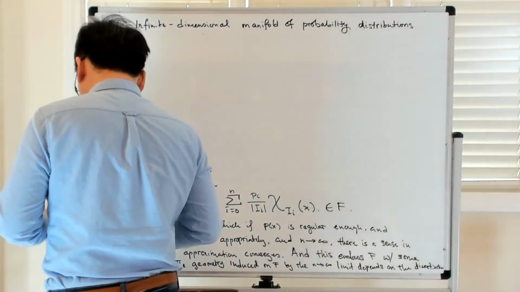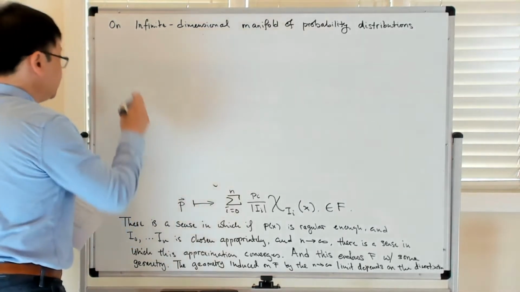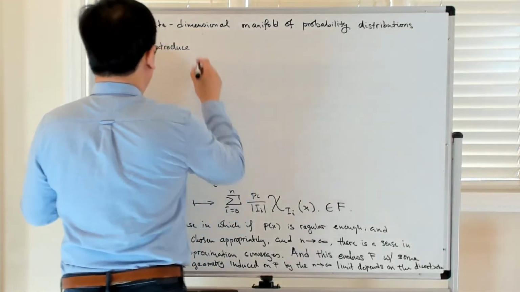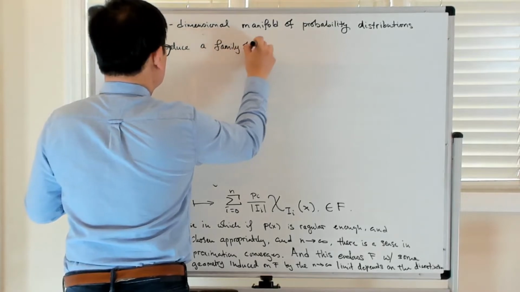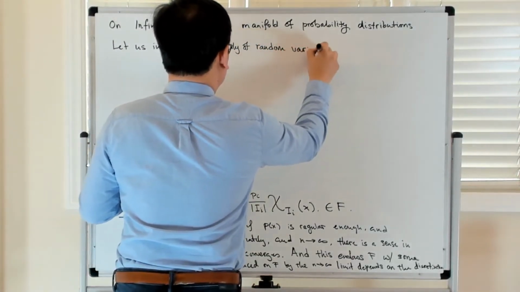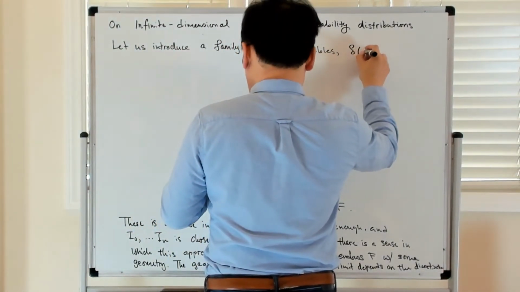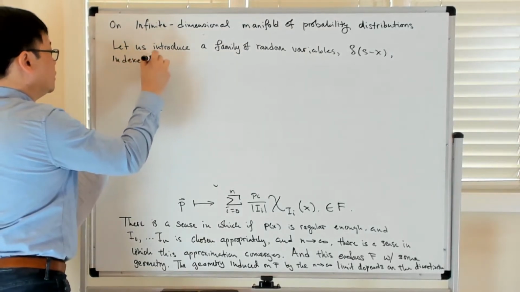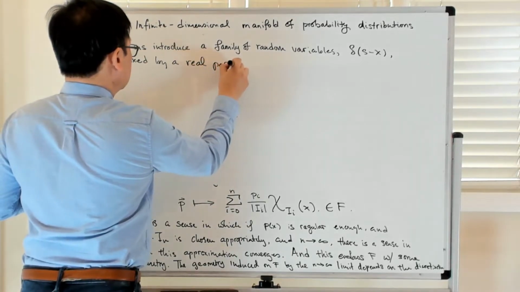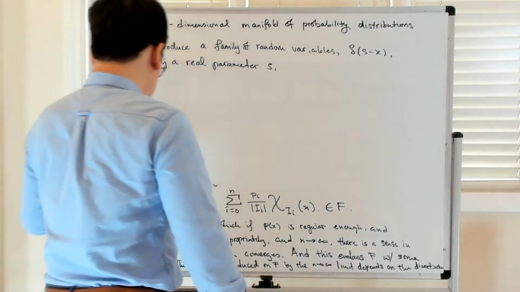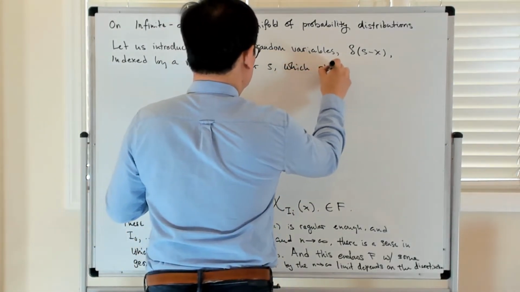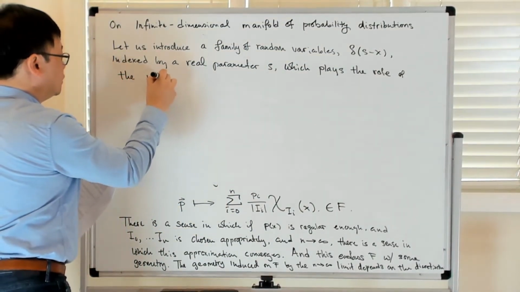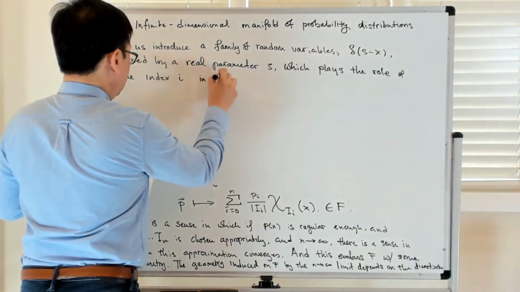Okay, so let's just introduce a family of random variables, delta of s minus x, indexed by this real parameter s, which plays the role of the index i in the Kronecker delta function.